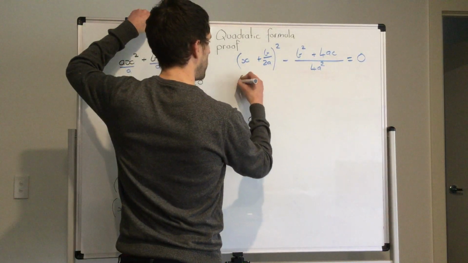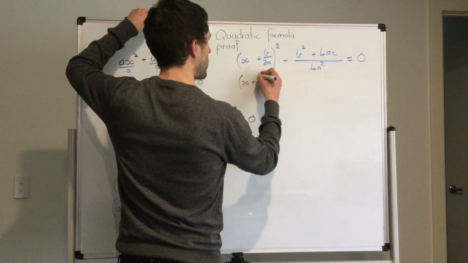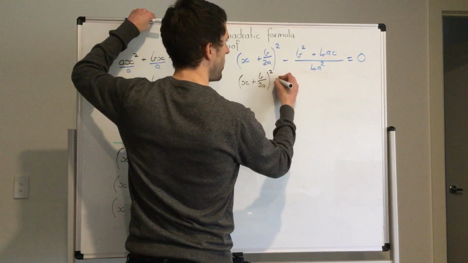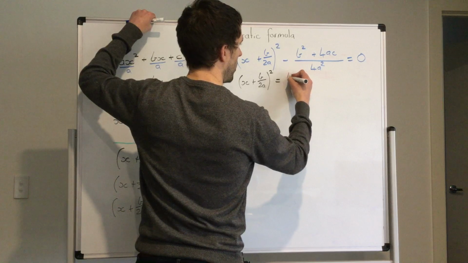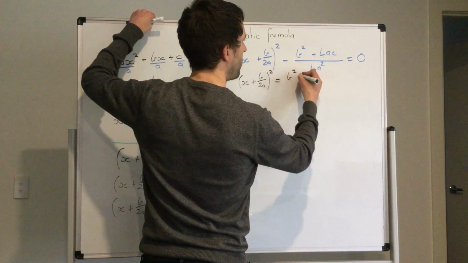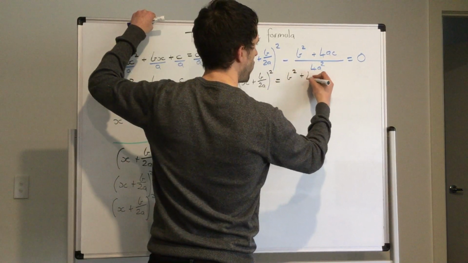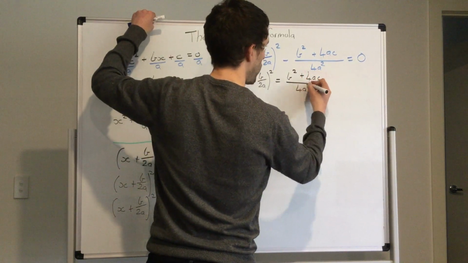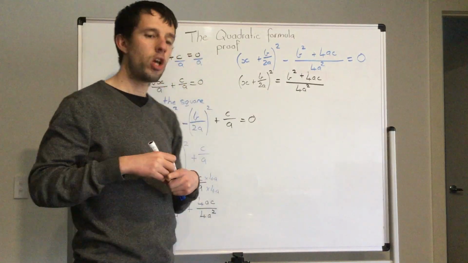We have x plus b divided by 2a squared equals, it's a positive on this side now, b squared plus 4ac divided by 4a squared. Slowly getting there.